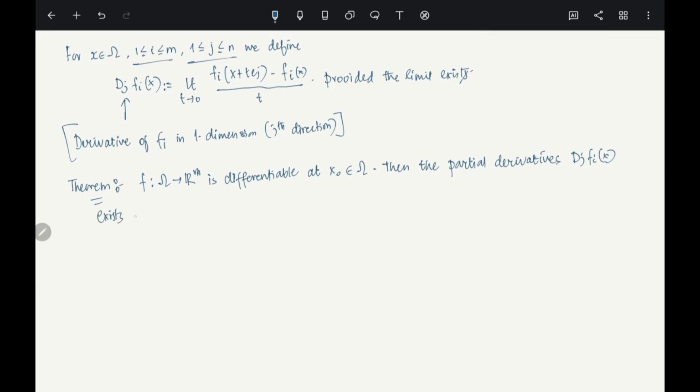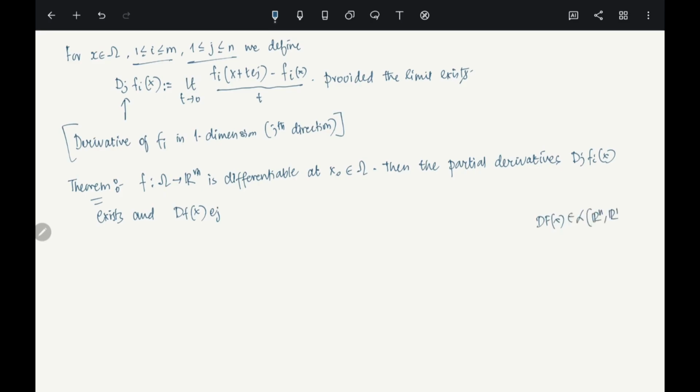And this is very important. What happens is dfx acting at ej. Clear? Please remember, dfx is nothing but an element of L(Rn, Rm).